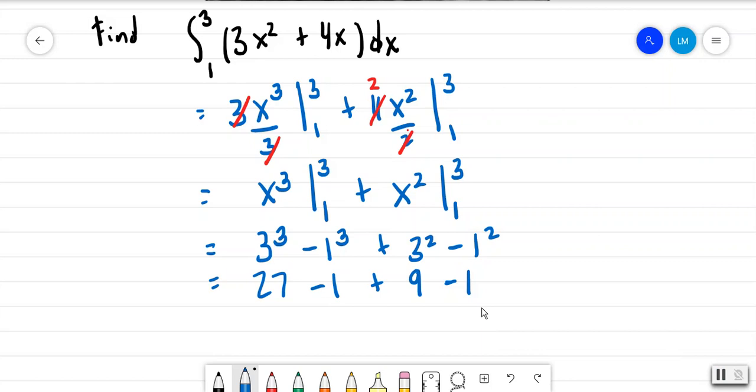You know what? I forgot to put a 2. There should be a 2 multiplied by the second part. So this is going to be equal to 26 plus 16, which is equal to 42 units squared.